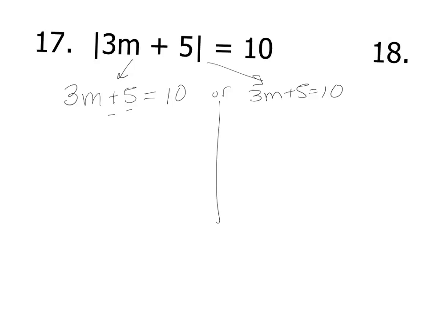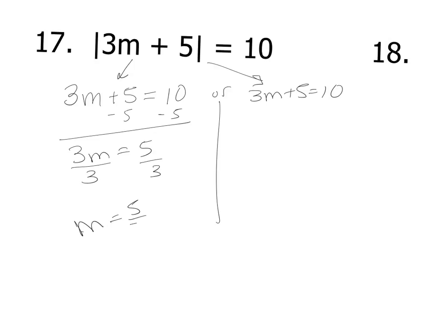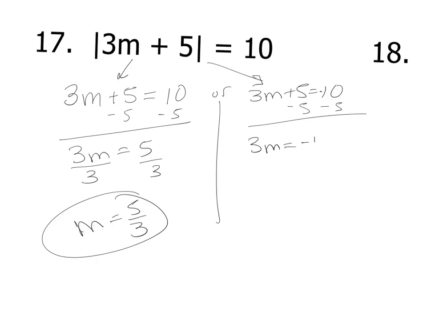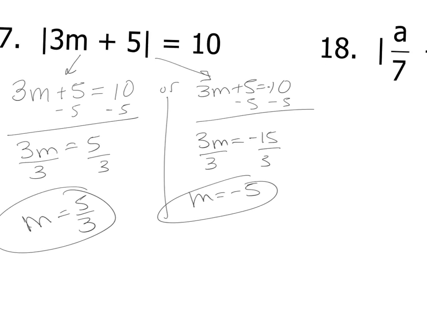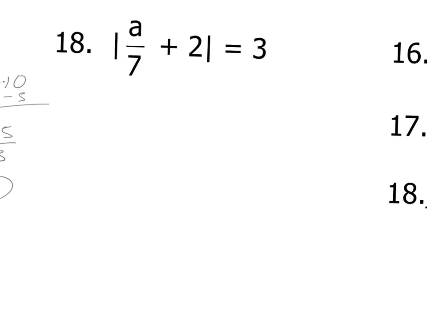On the left side, if I subtract 5, I have 3m equals 5, which gives me a fraction, m equals 5/3, for one of my answers. But on the right side, if I subtract 5, because this is negative 10, I have 3m equals negative 15. And if I divide by 3, I have m equals negative 5. So I have two separate answers there. Both of them will plug into this absolute value and end up being positive 10.